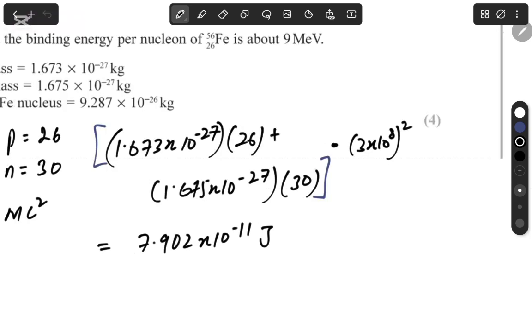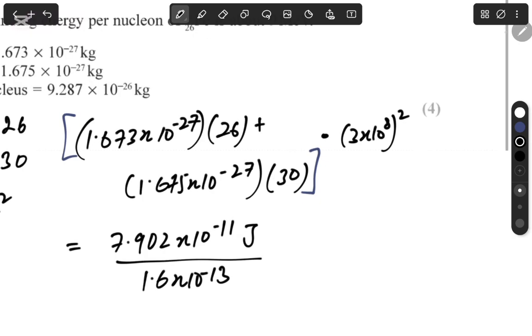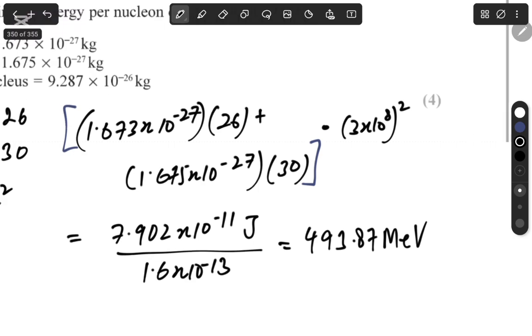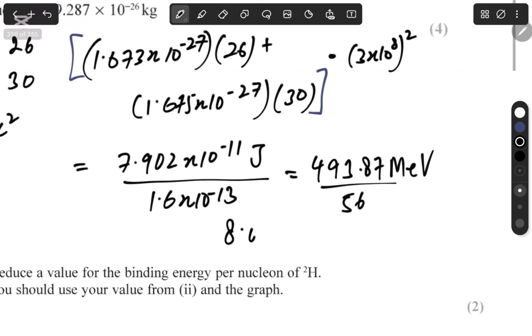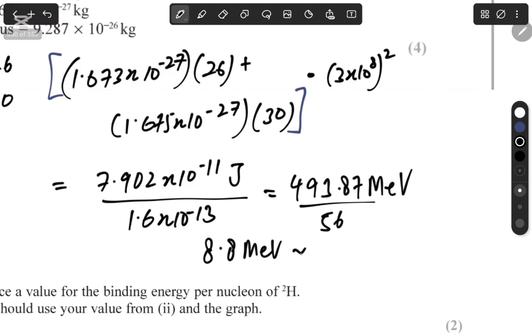That's going to give you 7.902 times 10 to the power of minus 11 joules. Then we're going to divide it by 1.6 times 10 to the power of minus 13, and that will give you 493.87 mega electron volts. And then to find the binding energy per nucleon, I'm going to divide this by 56. And my final answer is going to be 8.8 mega electron volts, which is also approximately 9 mega electron volts.